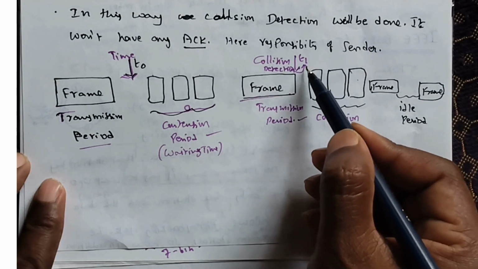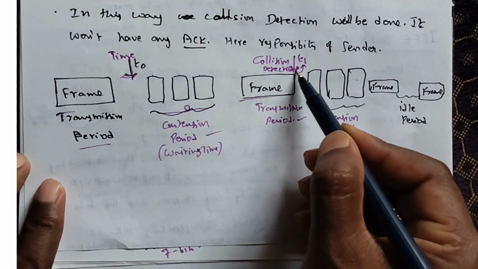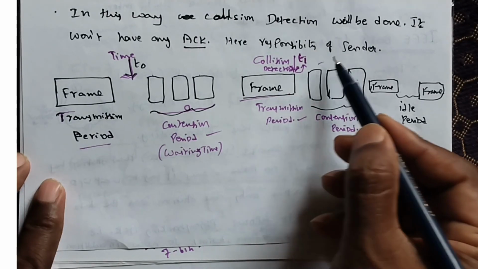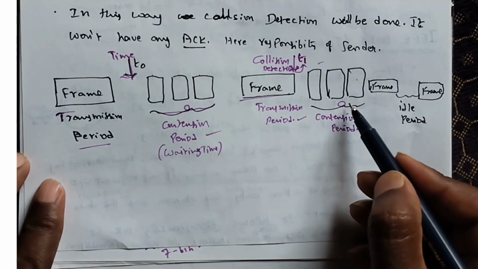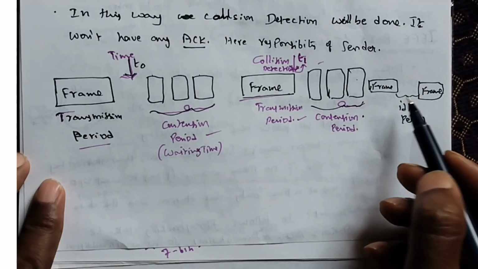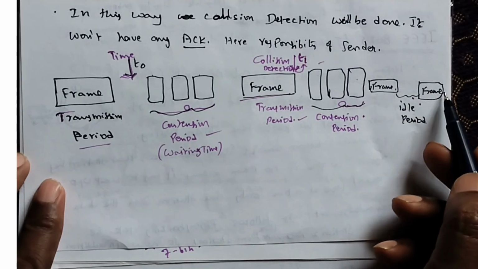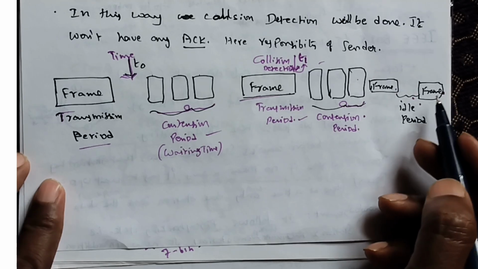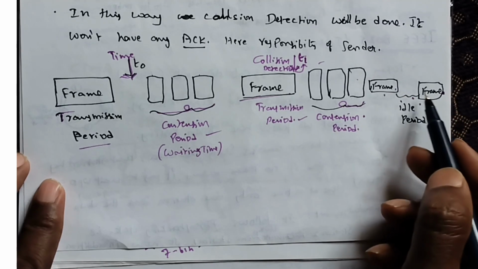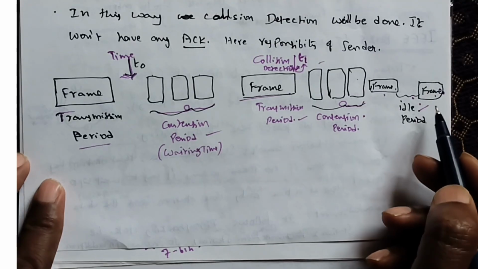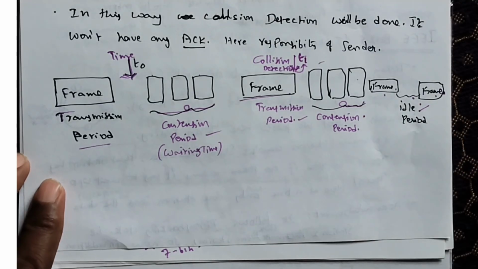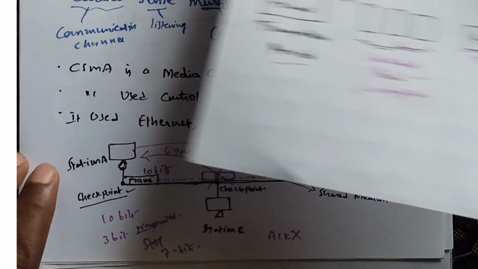Again there is a collision detection, meaning at time T1 the collision will be detected, and again the data has to wait in contention time. Again the data frame will be delivered from sender to receiver when the physical medium is in the idle period.